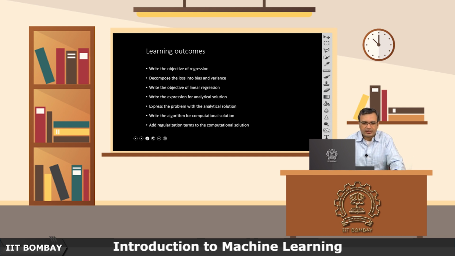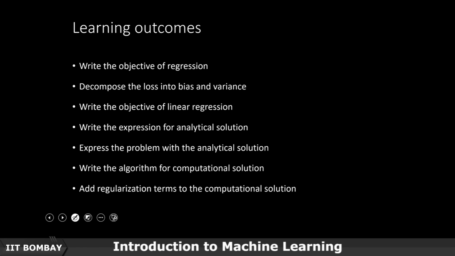So the objectives of this module are that the student should be able to write the objective for the regression function, and be able to decompose the loss function of a regression equation into its bias and variance terms. We will talk about what bias and variance are, and also write the objective of the linear regression function. Then the student should be able to derive the analytical solution for linear regression and find what the problem with the analytical solution is, and develop a computational solution which will lead to the same answer but will be computationally efficient.